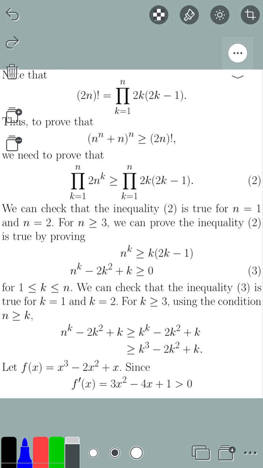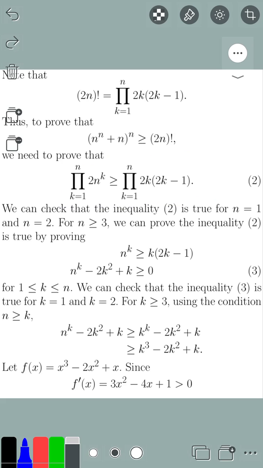And we're proving this for n larger than or equal to 3 only. So we want to use the condition n larger than or equal to k for k larger than or equal to 3 only, so that we only deal with the cases where n is larger than or equal to 3. We don't want to deal with n equals 1 and n equals 2 here. We already checked that this inequality holds for n equals 1 and n equals 2, and we're just proving for n larger than or equal to 3.